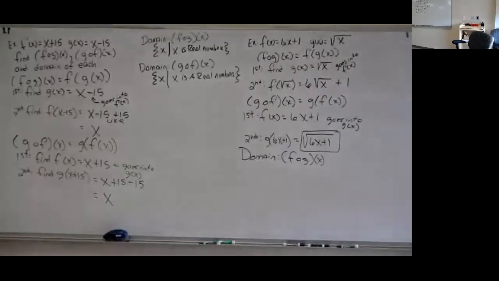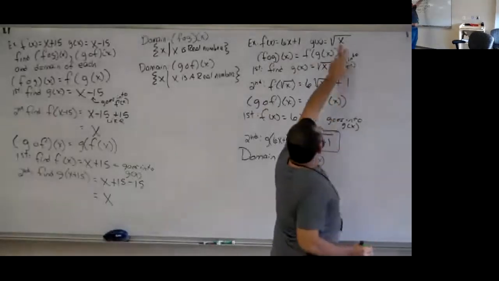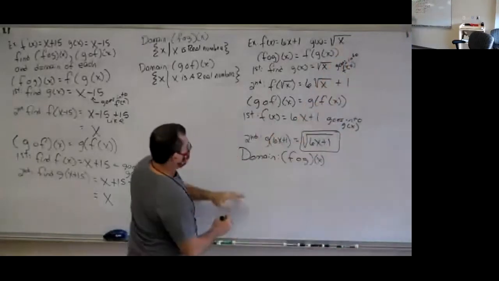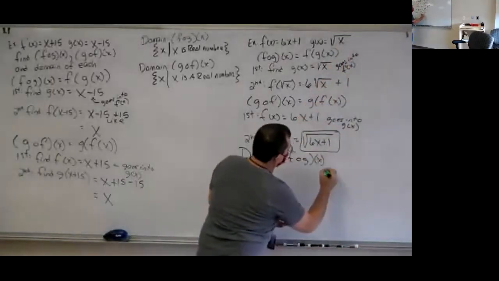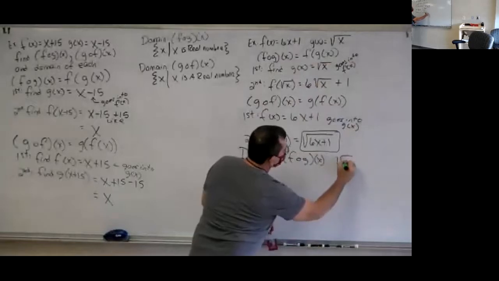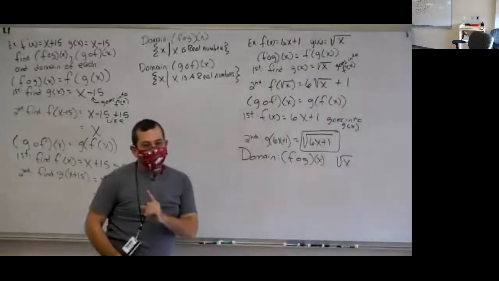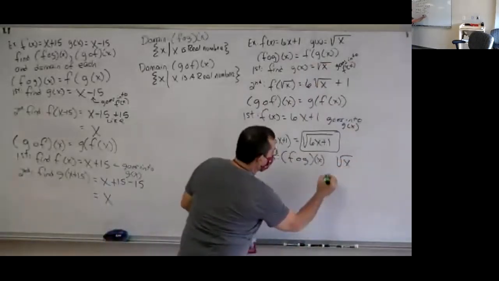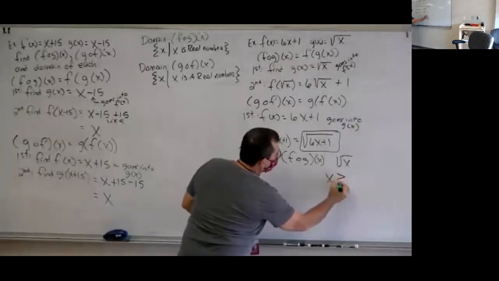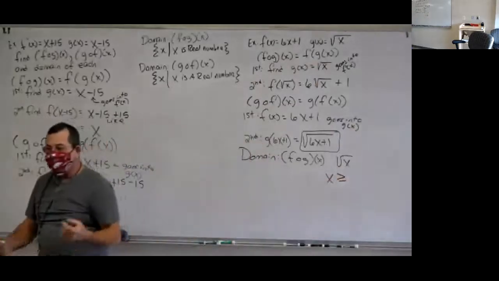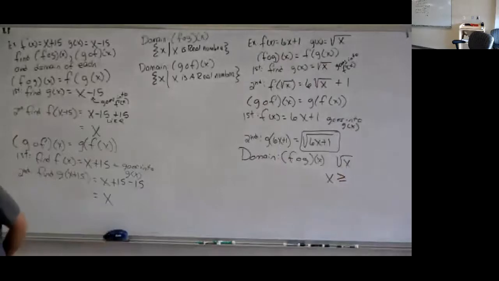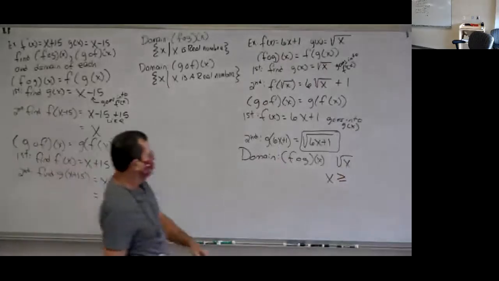Square root of negative 4, you got stuff like 2i. Those are imaginary numbers. They're not real numbers, okay? So when you're dealing with a radical, since we got a square root of x, we know that this x right here has to be greater than or equal to, what's the smallest number I can take the square root of? 0.